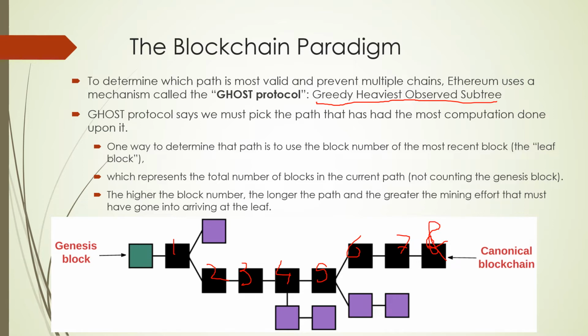And the block number of this one is basically 1, 2, 3, 4, 5, 6, 7. So because this is 8 and this is 7, we conclude that this is the canonical blockchain because we have spent the most computational power on it as a whole, as the whole society of Ethereum.